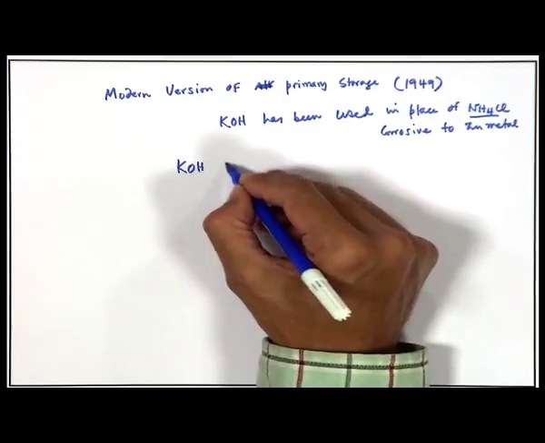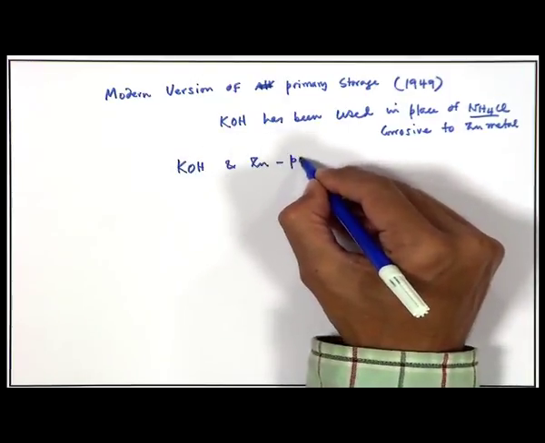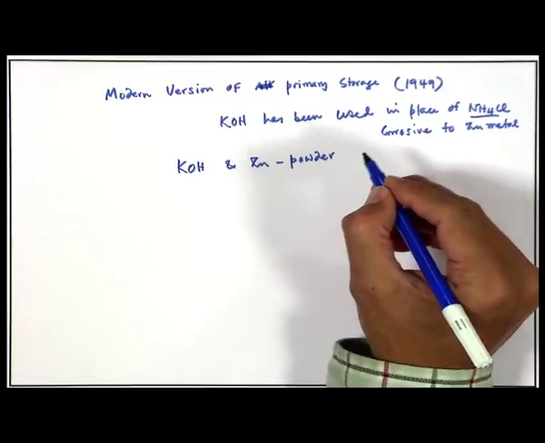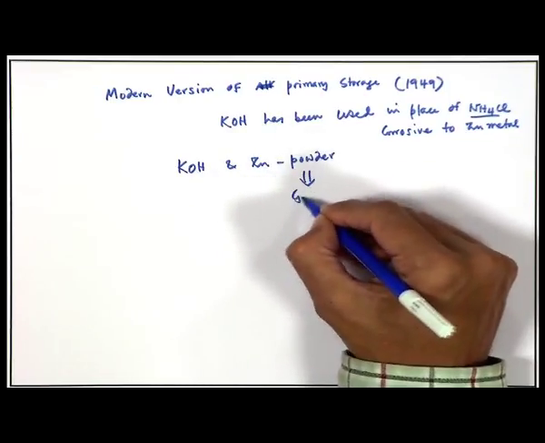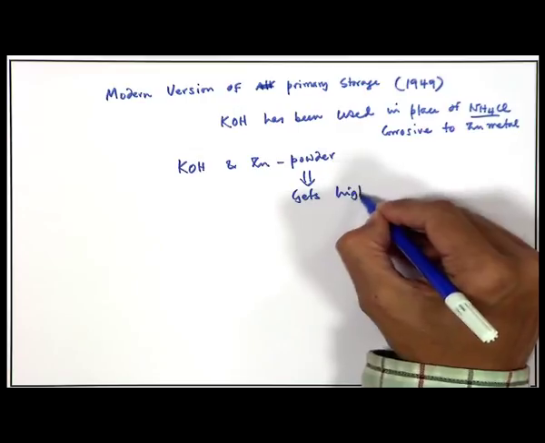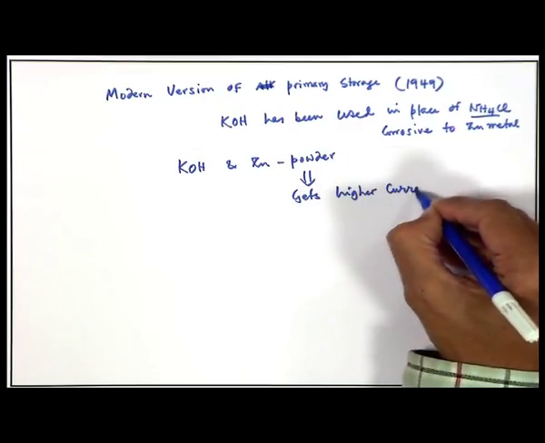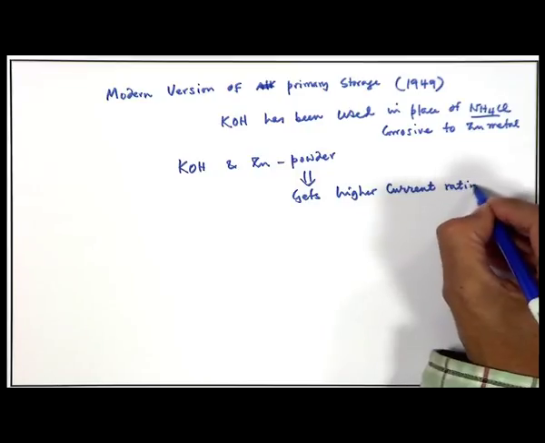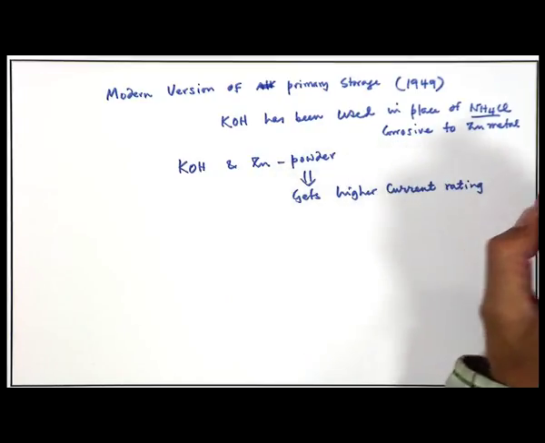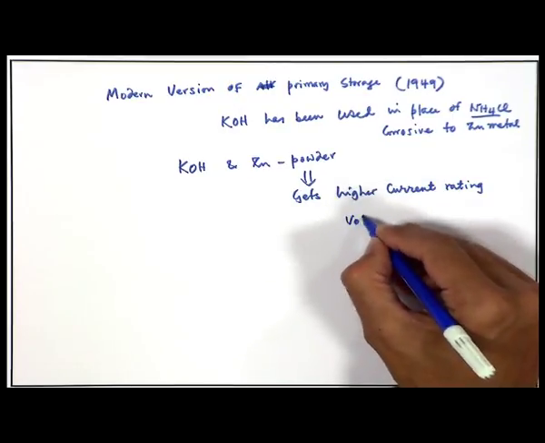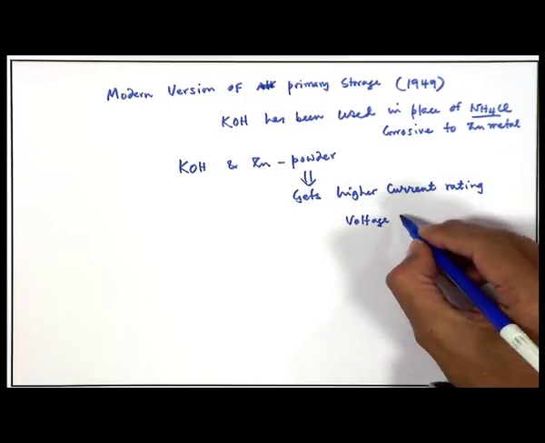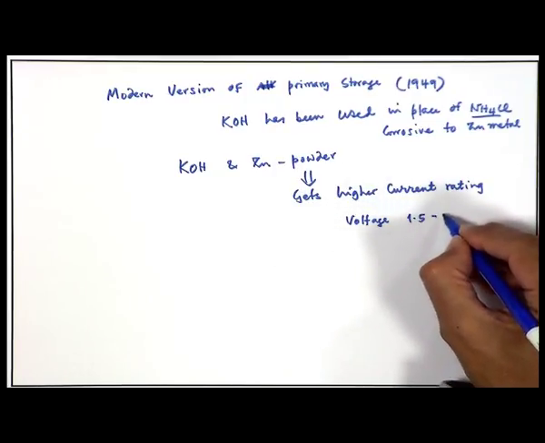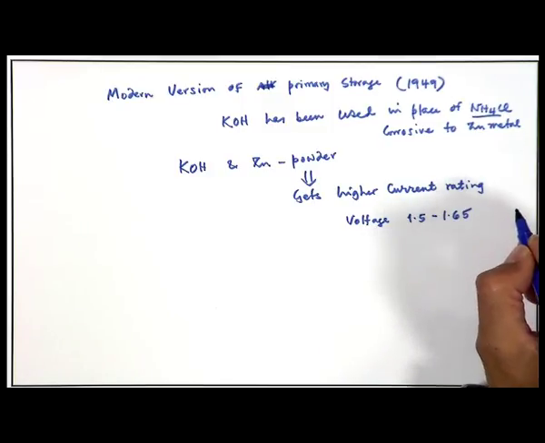So, here you use KOH and zinc powder, and it gets a higher current rating, and voltage is about 1.5 to 1.65 volt.